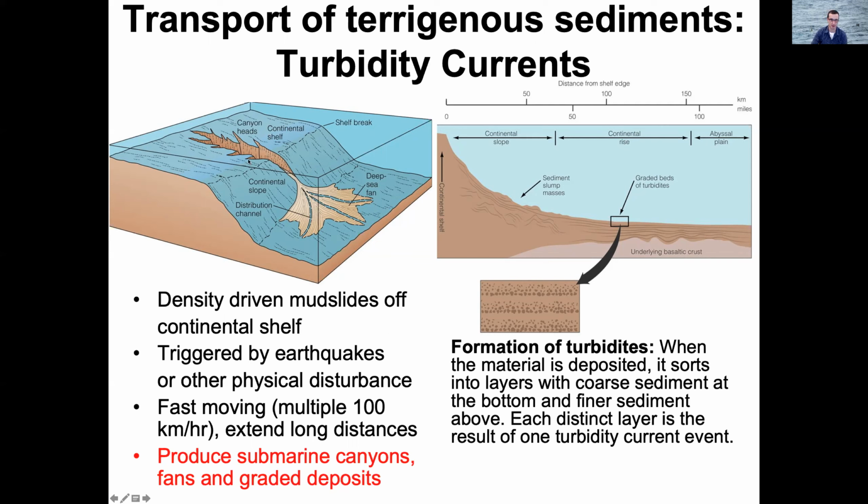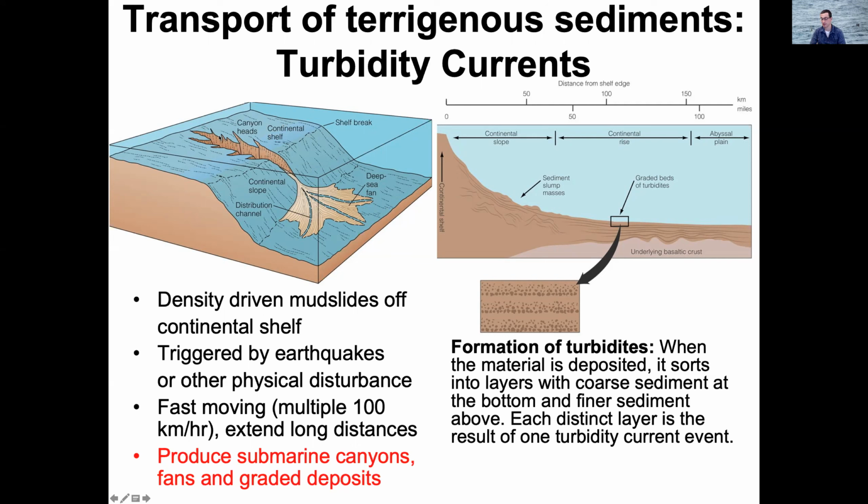And so you can have some disturbance, an earthquake, or just enough sediment accumulates that you get movement, and that movement then can be very rapid and have essentially an underwater mudslide. It can be fast moving, so multiple hundreds of kilometers per hour.